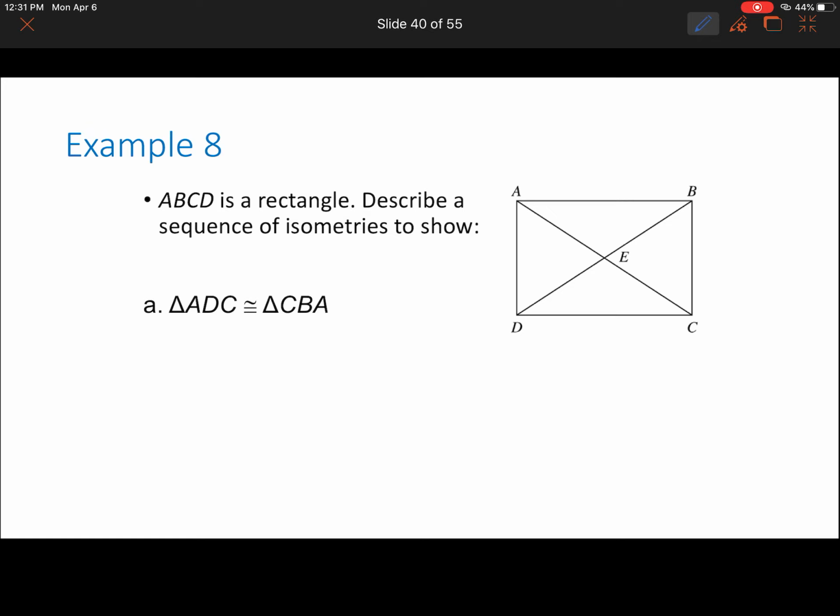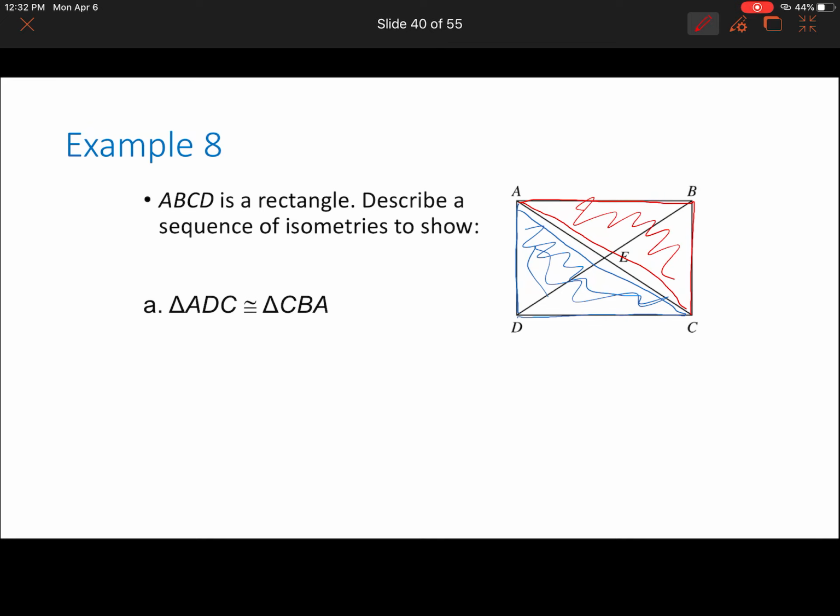So on the first example, we're going to take triangle ADC. So that's this one, ADC. Okay, so you can see that triangle. And we want to show that it is congruent to triangle CBA. So CBA is going to be this one.